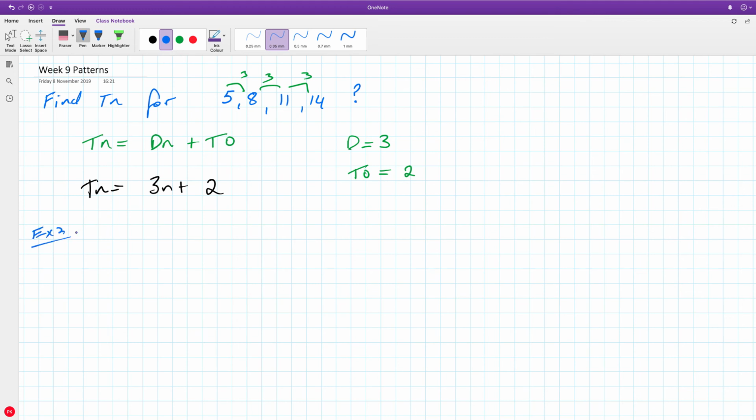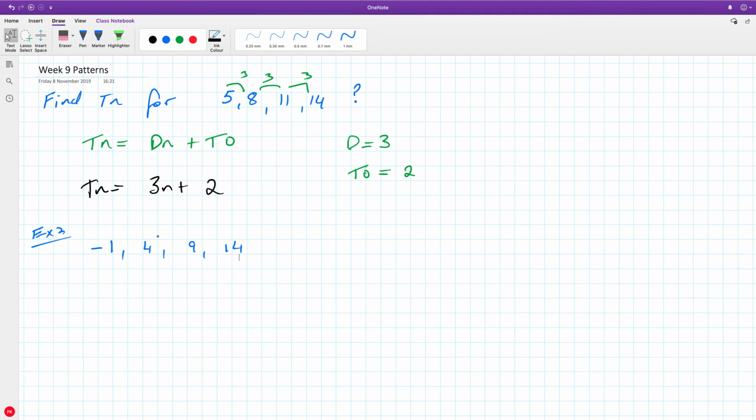Another one before we move on to the patterns. Have a go at -1, 4, 9, 14. So find Tn for me. Anyone running into trouble with this? So just because it's a negative number, nothing changes.